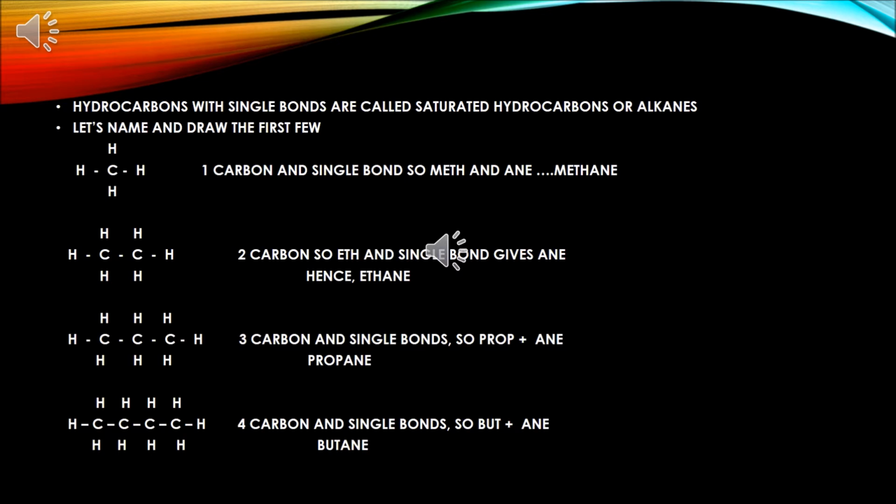For the third hydrocarbon with 3 carbon atoms, prop is used as the prefix, and because it contains all single bonds between the various carbon atoms, we're using ane as the suffix, hence the name becomes propane. Similarly, for the fourth hydrocarbon, we're using but and ane, that makes it butane.